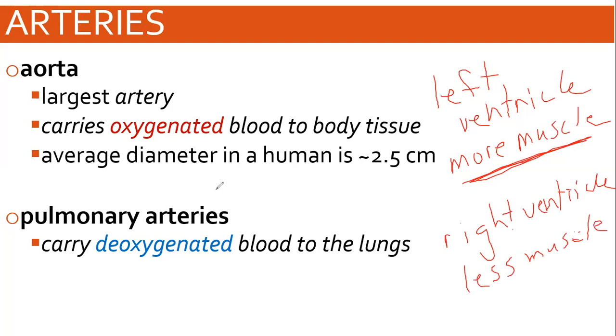So there's going to be less pressure in the blood in the pulmonary artery. Still coming from the heart, still lots of pressure, but because there's more muscle in the left ventricle, we're going to have higher pressure in the aorta. We likely evolved to be that way because the aorta is moving blood to every part of our body, where the pulmonary arteries are only moving blood to the lungs. Okay. All right.